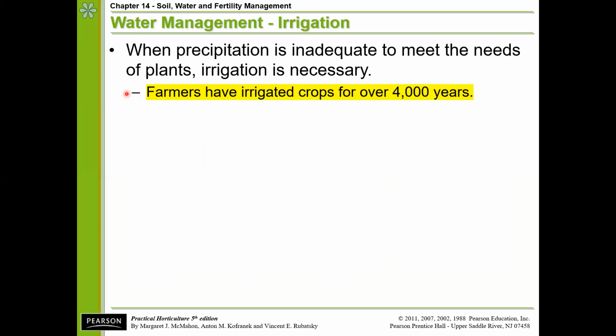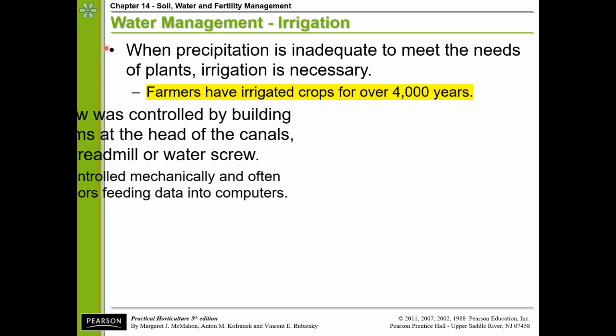All right, so the book kind of jumps around here, but getting back to the idea of irrigation and kind of water management along with soil and fertility management. We mentioned irrigation earlier on, and talked about how if there wasn't enough natural precipitation, generally irrigation popped up.